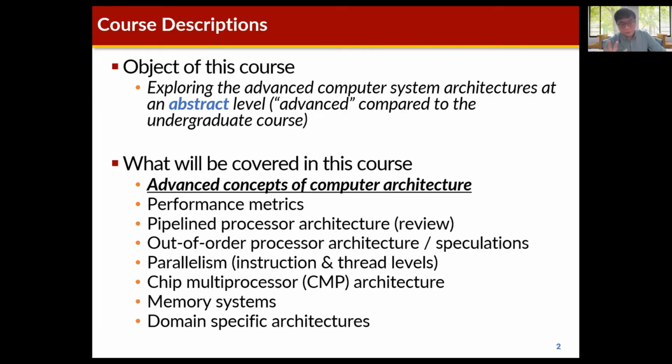So it's different from the CPU. CPUs can run any applications, but GPUs are designed for executing graphics applications only. So it is specialized for a certain domain of applications.